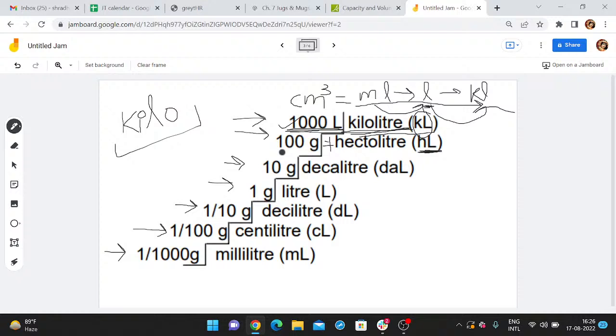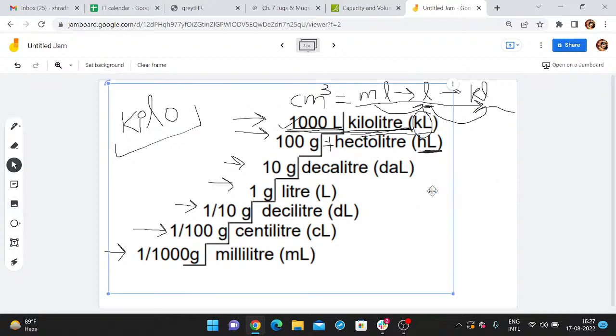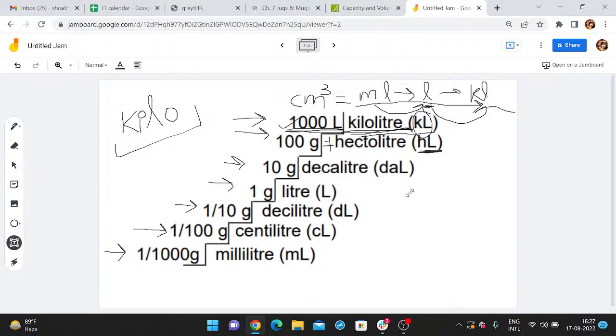This is really easy. We've been doing this since our birth time. 1000 grams is equal to what unit? Think about it and tell me. I'm going to write it here for you. That's going to be 1000 grams.